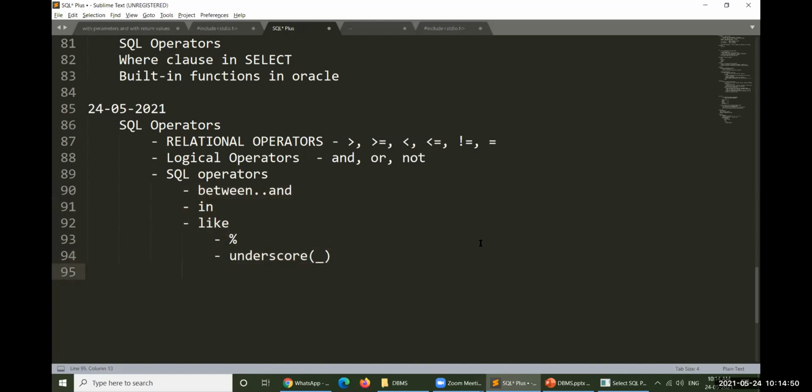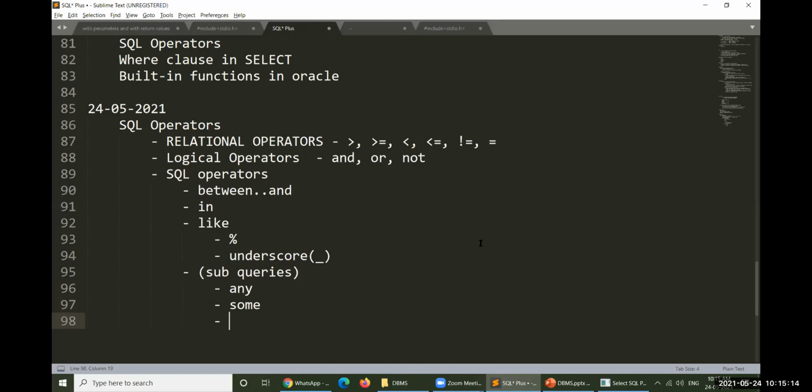Whereas the next operators are used in subqueries only. What are those operators? First operator is ANY. Second operator is SOME.